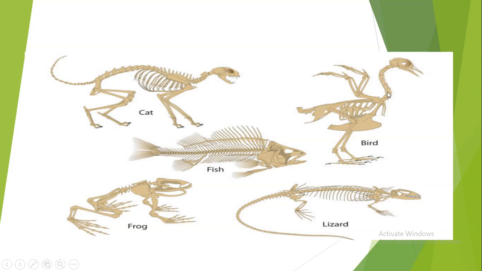This series of bones that runs down the back of the animal is called a backbone. What is a backbone? It's a series of bones that runs down the back of some animals.